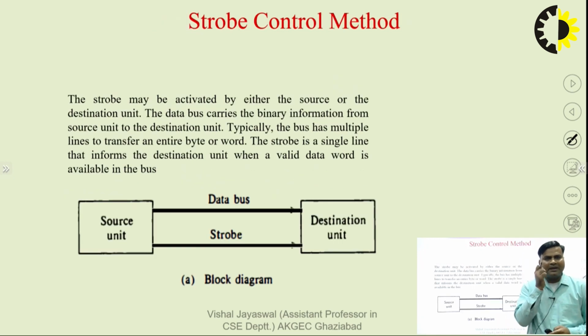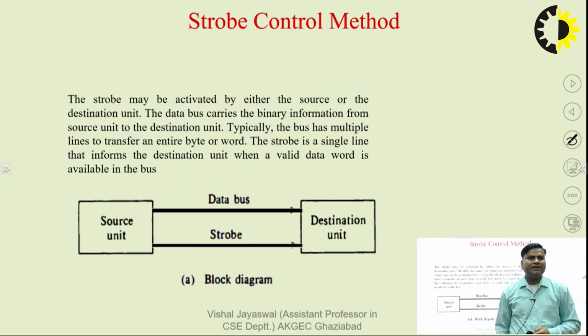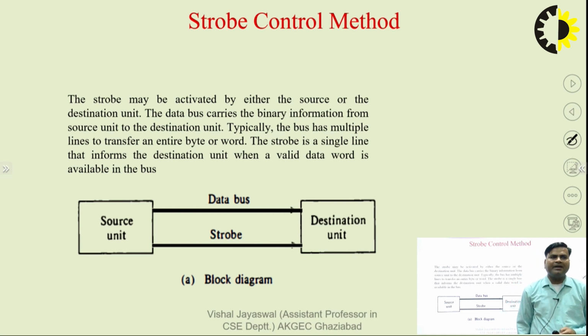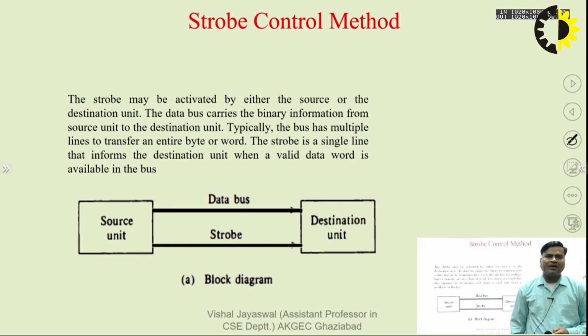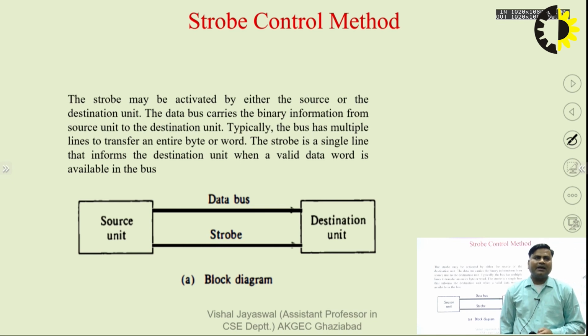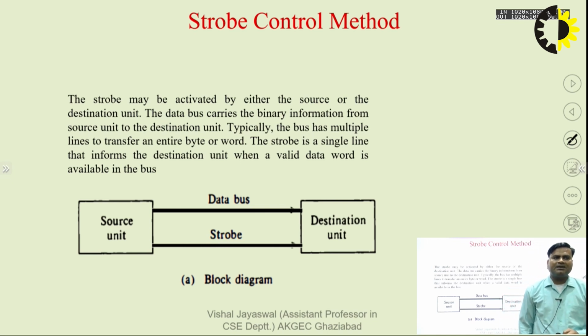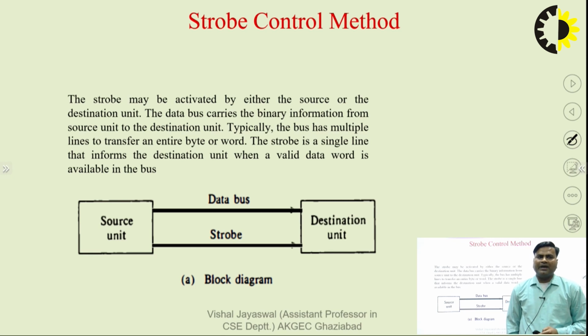In the strobe control method, the strobe may be activated by either the source or the destination unit. The data bus carries data from the source unit to the destination unit, and typically the bus has multiple lines to transfer an entire byte or word. The strobe is a single line that informs the destination unit when a valid data word is available in the bus.